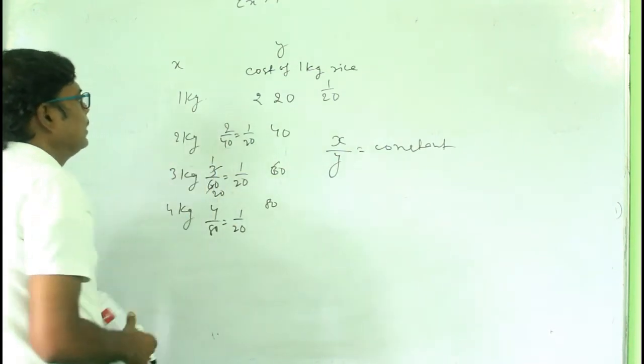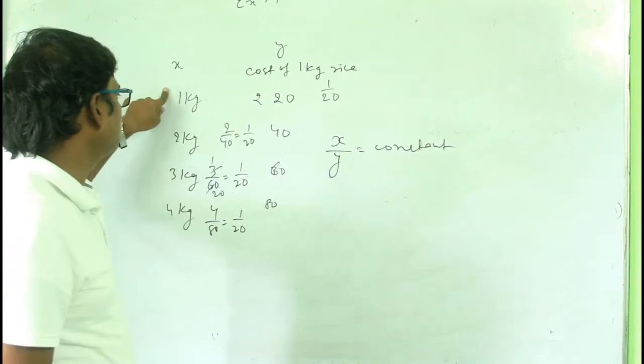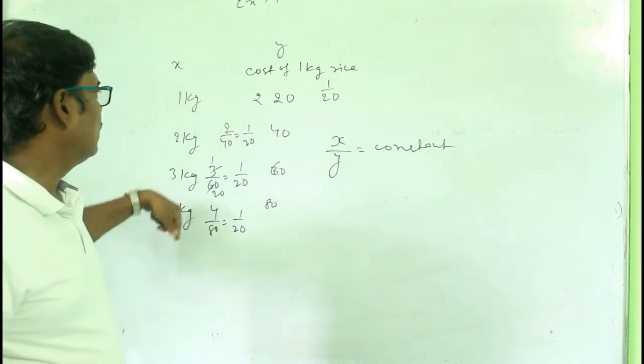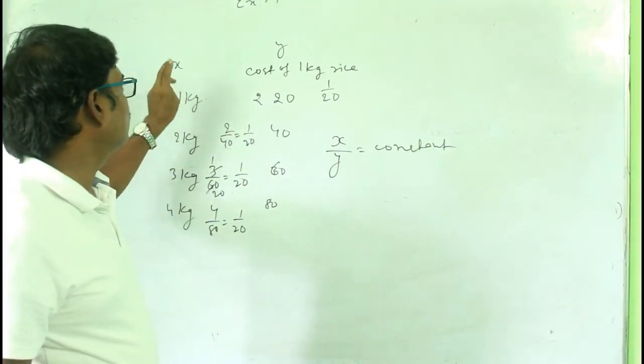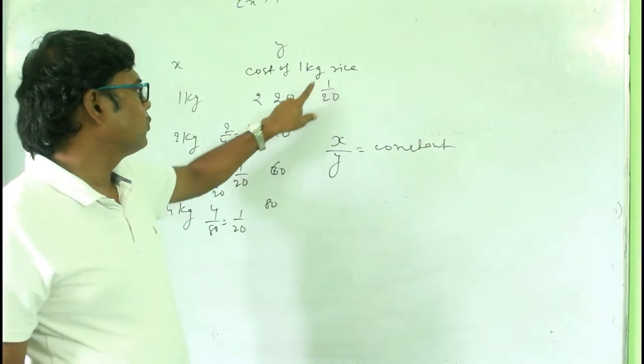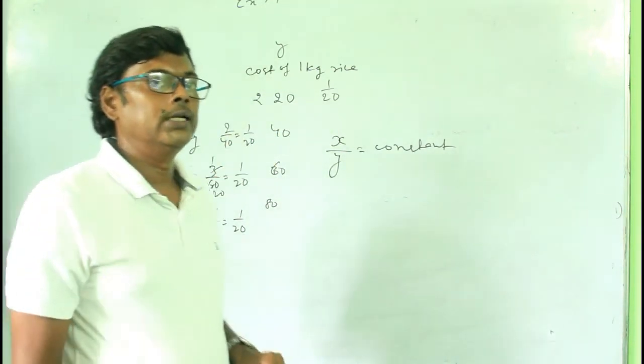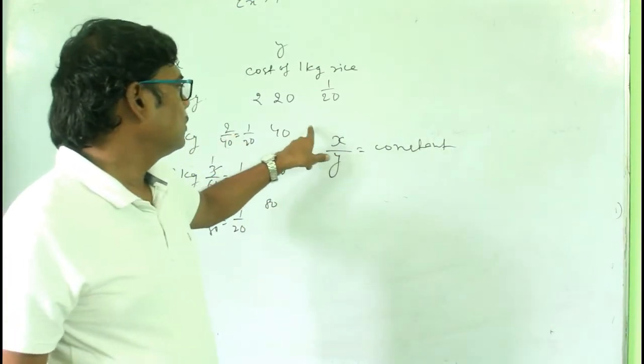In each case, when you find the ratio of x to y, the answer is always 1 by 20. That is a constant.